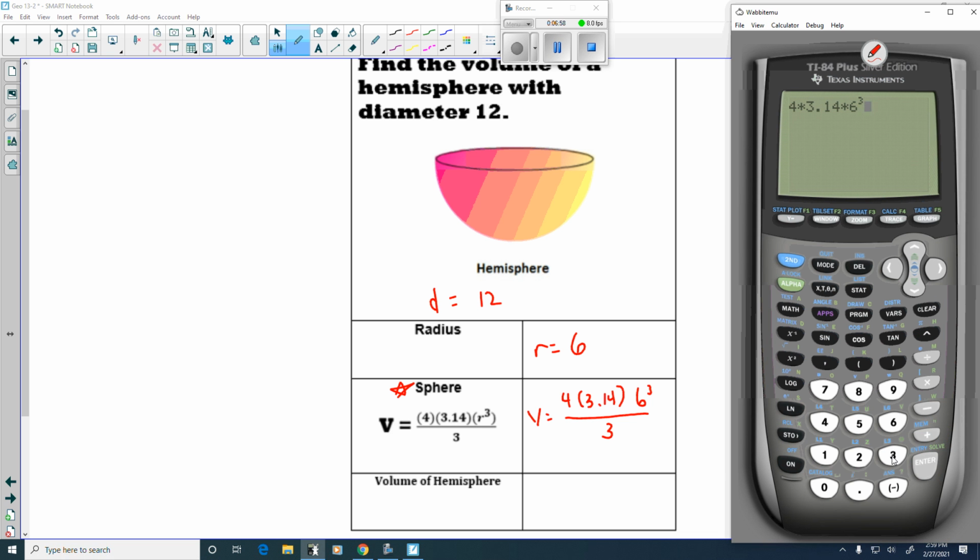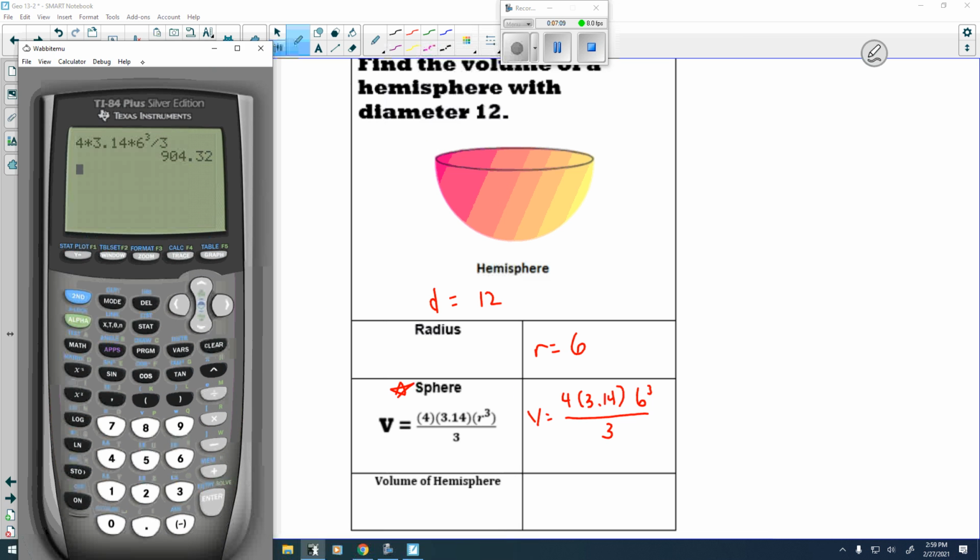And again, use the over arrow, divided by 3. And I get 904.32. And then to find the volume of the hemisphere, I'm just going to divide it by 2.